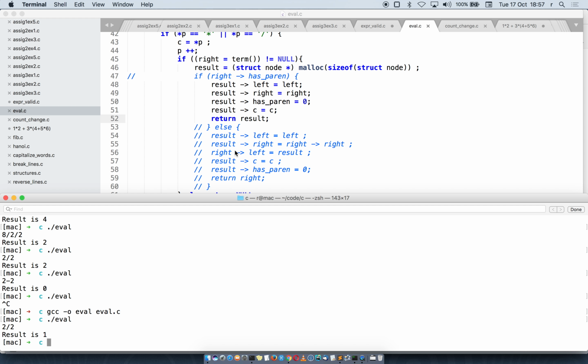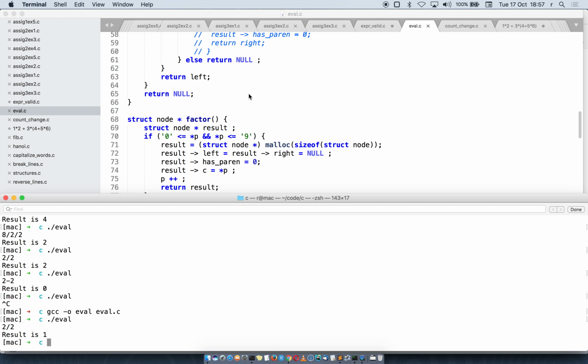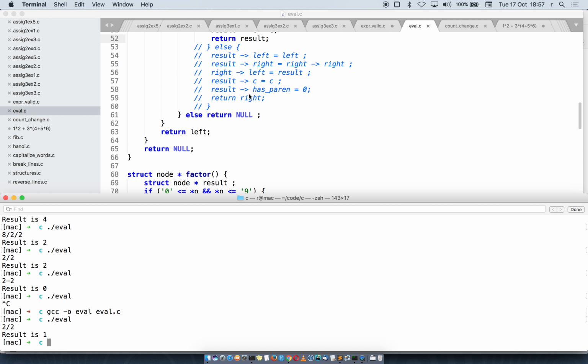So it's coming from here. So if right has parentheses, we do it the old way. So we set it to 0 here.